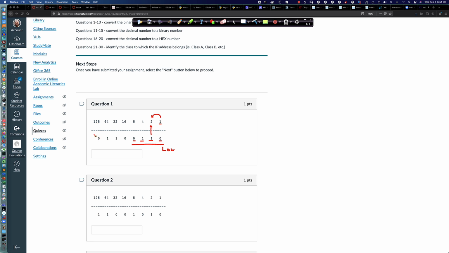Now you'll notice that we're dealing with 8 bit positions. Again, the 4 to the right are considered the low order bits, and then the 4 bit positions that we have to the left are considered the high order bit positions. Now, the 4 on the left and the 4 on the right, in other words, the high order bit positions and the low order bit positions, all 8 of these together make up what we refer to as an octet.